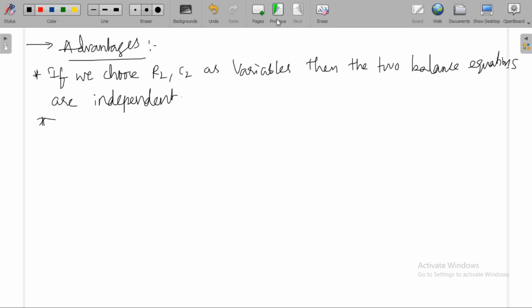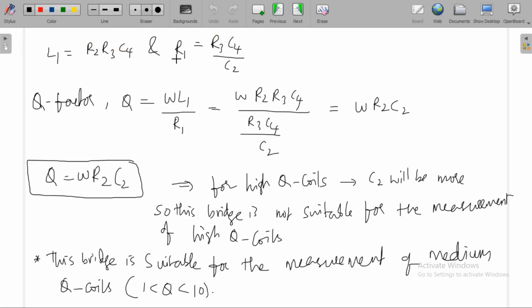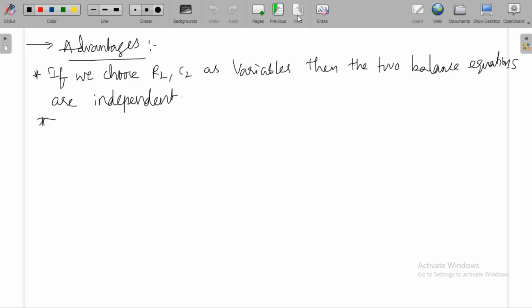Here in these two expressions, L1 and R1, no frequency term is present. So the two balance equations are independent of frequency.